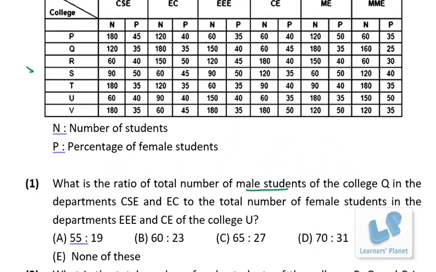What is the ratio of total number of male students of the college Q in departments CSE and EC, and total number of female students in departments EEE and CE of college U? Okay, so in the numerator we have male students, in the denominator we have female students.